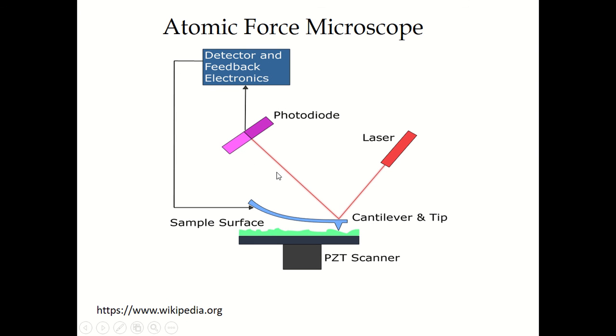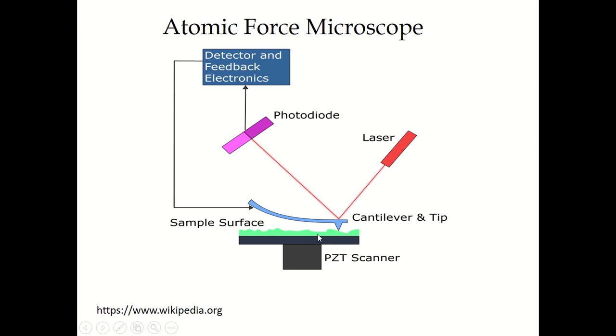Okay, so it may come here. When the tip is moved and it is on the valley, that means void, the distance between tip and surface increases. Now van der Waals forces of attraction act on the tip, and the tip is pulled towards the surface. That means it is deflected in inward direction.